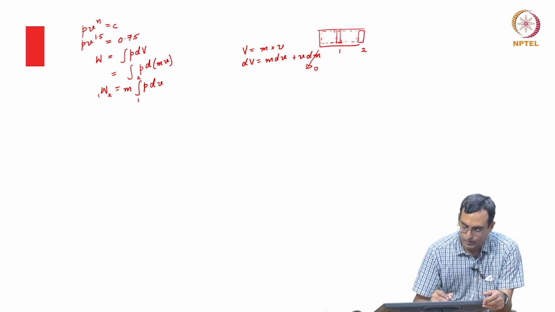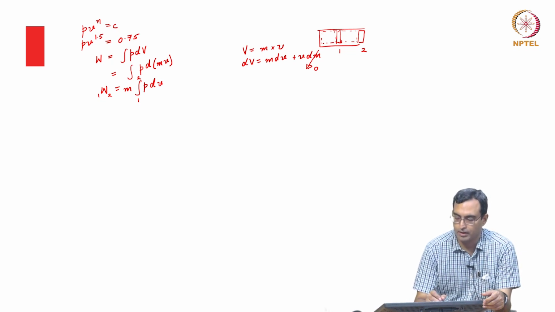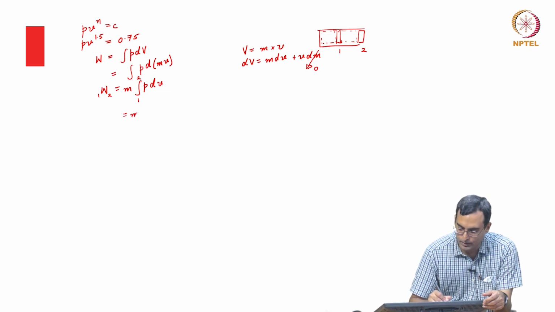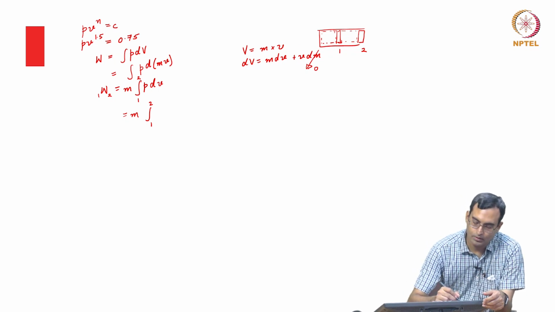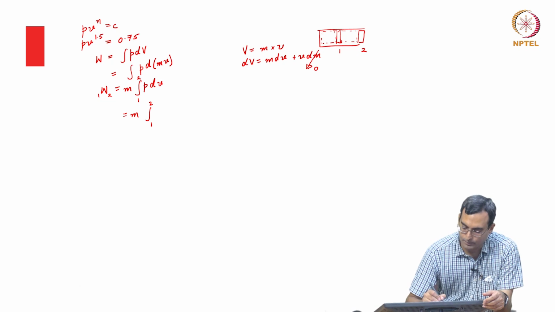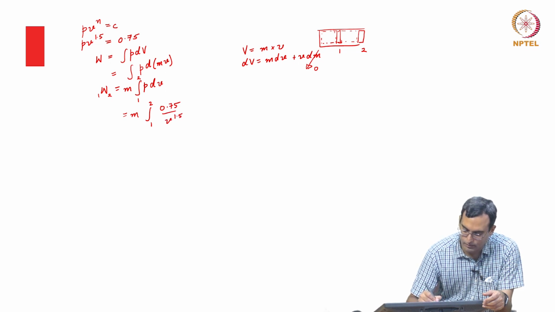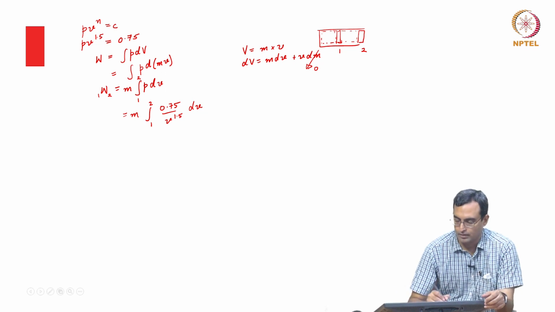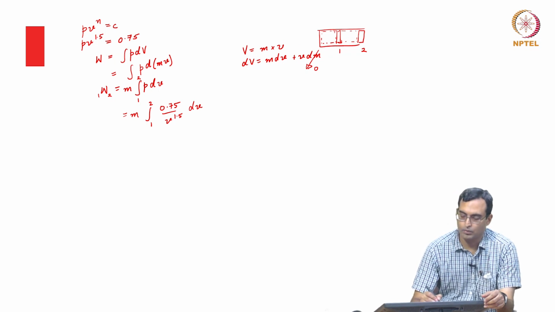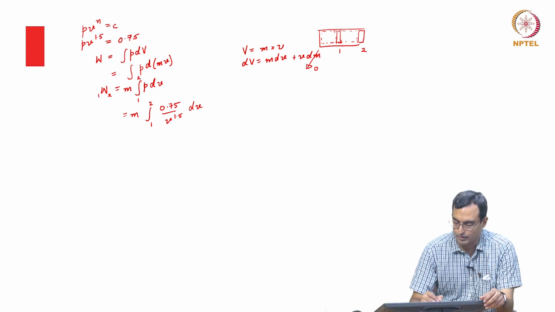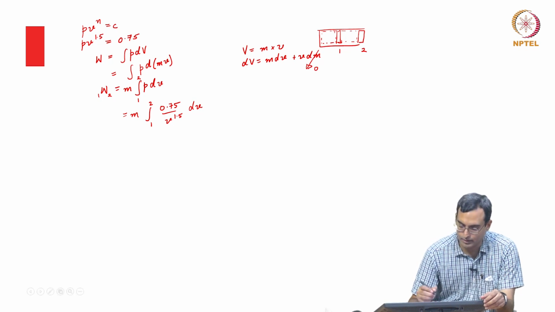In order to integrate, we have two variables p and v. We need to convert this into a single variable. M is a constant, it's not a problem. So it's integral 1 to 2. We can eliminate p from this. So p is essentially 0.75 by v to the power 1.5. The integral for this is like v to the power minus n, so the integral would be v to the power minus n plus 1 by minus n plus 1.